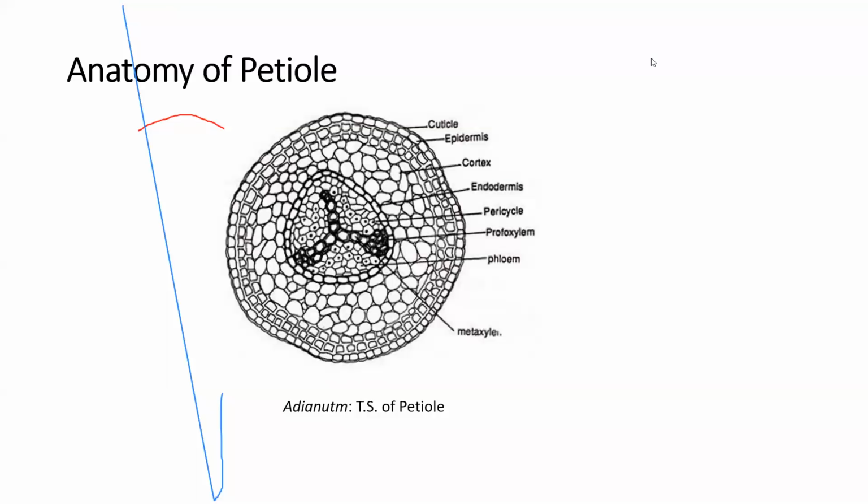So in the anatomy of the petiole, inside the cortical region, there is a single-layered endodermis. Inside the endodermis, a single-layered pericycle is present. Pith is absent in the transverse section of the petiole.